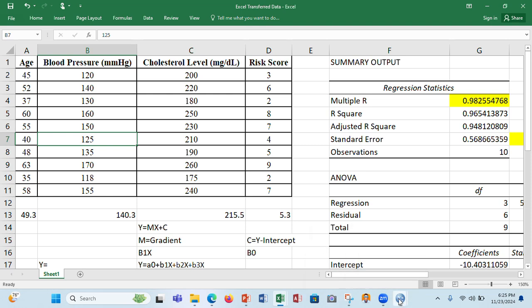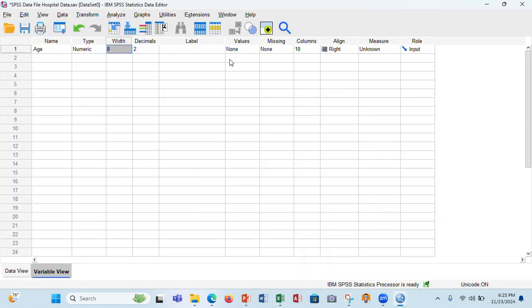So that means that for us here in SPSS, we are going to say age is going to have 0 decimal places, but the length of our numbers, numerals, is 2. Then the data label, we can call this age of respondents.